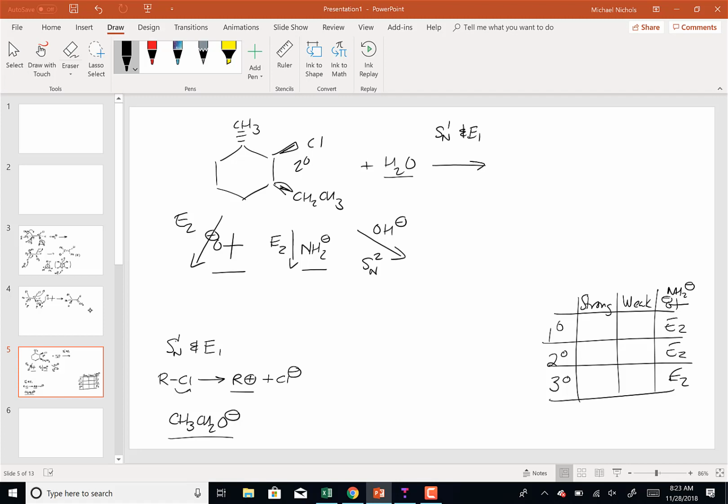So they would automatically create an E2 mechanism. That's how you determine whether the reaction is SN1 and E1. And whenever I ask for an SN1 and E1, you're always going to write the major product of the E1 mechanism.